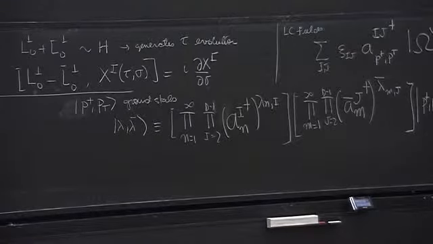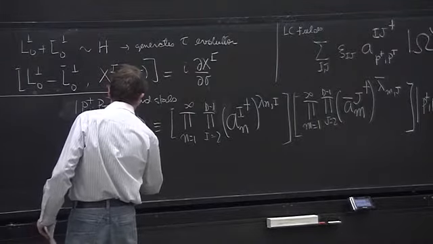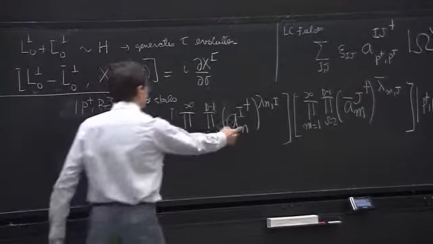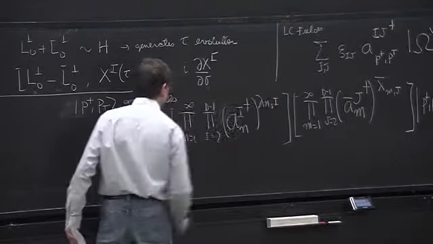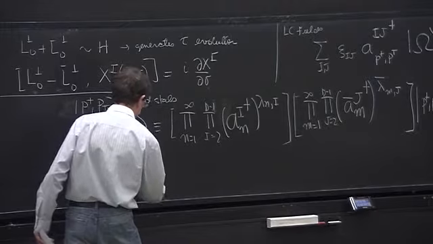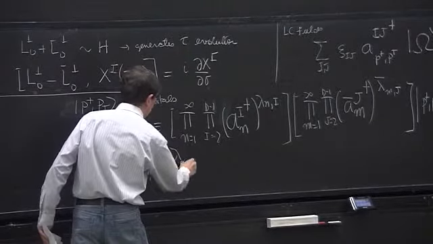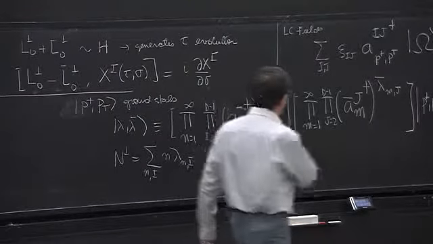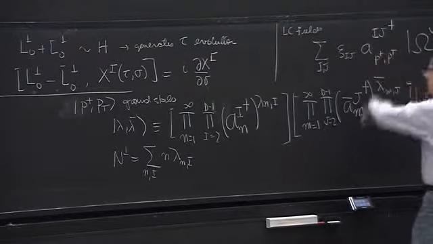Now, you must have that N perp. How much is it? Let's count the number here. Each of these oscillators gives n, but there are lambda_nI of them. So this is the sum over n and I of n times lambda_nI. When you build it, you can put all kinds of things here and all kinds of things here.